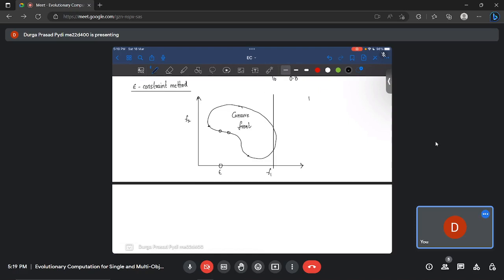So instead of minimizing f1 and f2, what we will do is only minimize f2 and pose the second one as a constraint, subject to f1 less than or equal to epsilon, or f1 greater than or equal to epsilon, depending on your type of problem. You are converting your multi-objective problem into a single objective problem. Say if you have m objective functions, you are converting them into a single objective function. This will be your objective function, and the remaining m minus one will be your constraints.